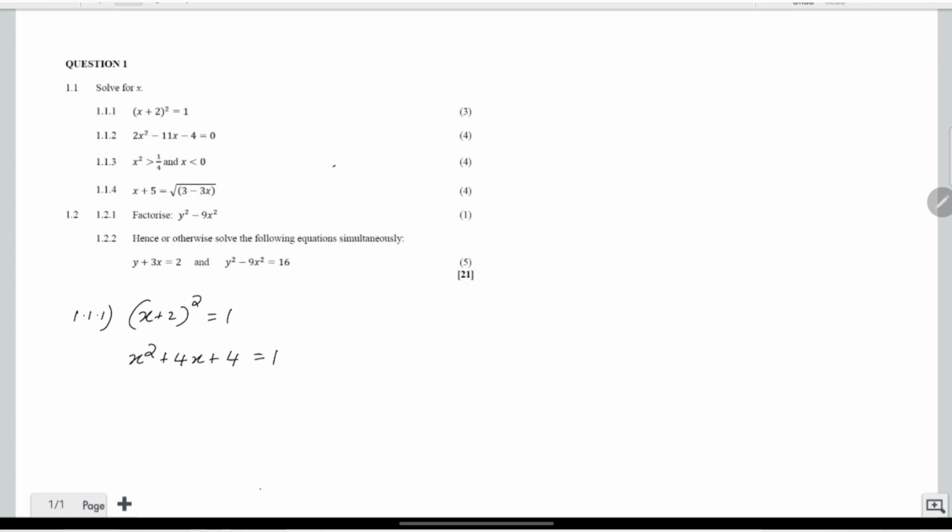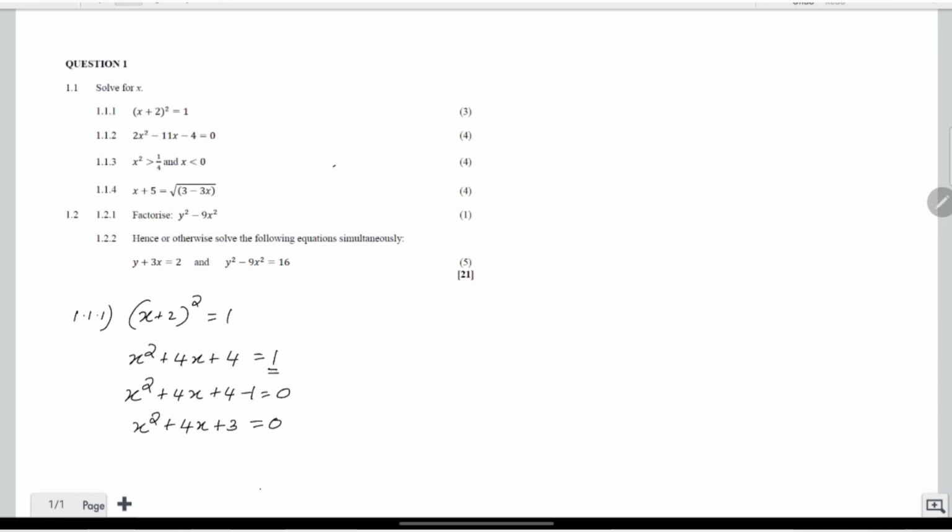No. Standard form means right hand side 0, isn't it? So this 1 has to go this side, that is x square plus 4x plus 4 minus 1 is equal to 0, isn't it? Yes, still it is not a standard form because we need only one constant. Here 4 and minus 1 become 3, that is x square plus 4x plus 3 is equal to 0. Alright, now this is standard form.